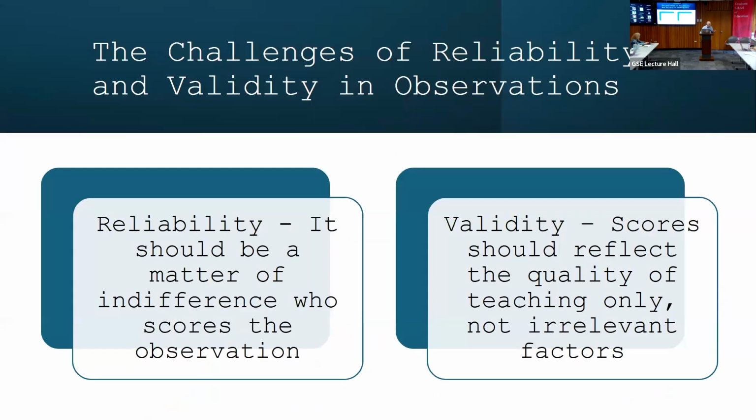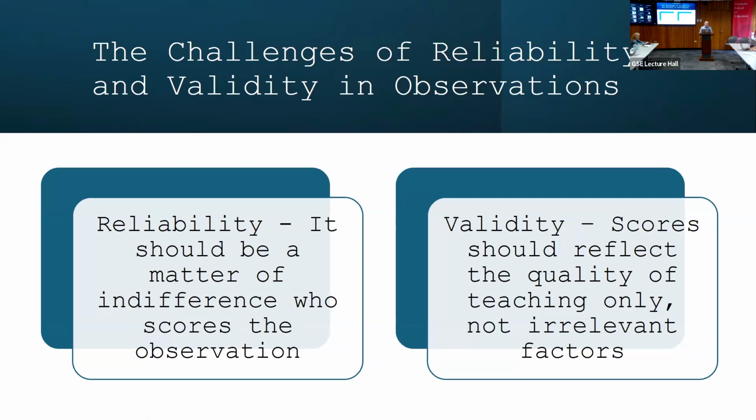Now, in order for them to meet those aspirations, they had to satisfy two basic conditions of measurement. They needed to be reliable and they needed to be valid. And so when we think about reliability, particularly in this context, we're looking at the reliability of those who observe practice.